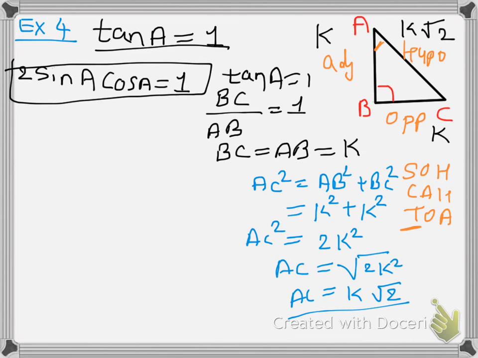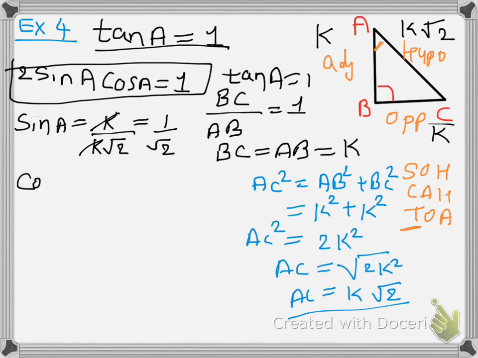So what is the sine A and cos A? Let's do that first quickly. Sine A is opposite over hypotenuse, so the opposite is k in this, it's BC, and the hypotenuse is AC, which is k times square root of 2. So k gets cancelled out, so we are left with 1 over square root of 2. That's sine A. What about cos A?